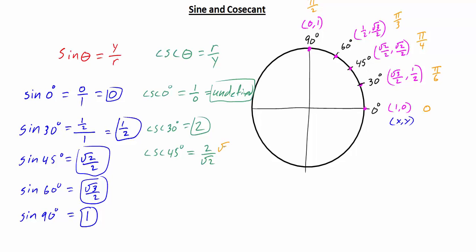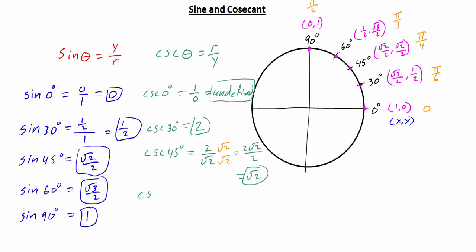So you're going to see multiplying by the square root of 2 on top and bottom so that we would end up with 2 square root of 2 over 2, and then the 2's cancel, so we simply get the square root of 2. So the cosecant of a 45-degree angle would be equal to the square root of 2. And again, that's the ratio of r over y is equal to the square root of 2.